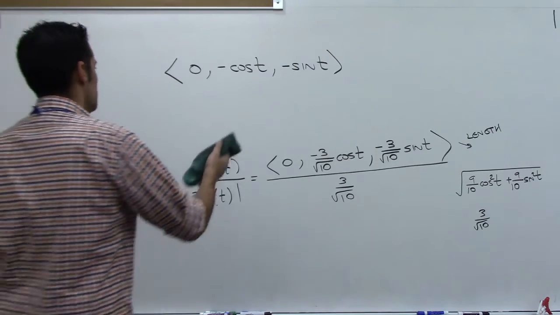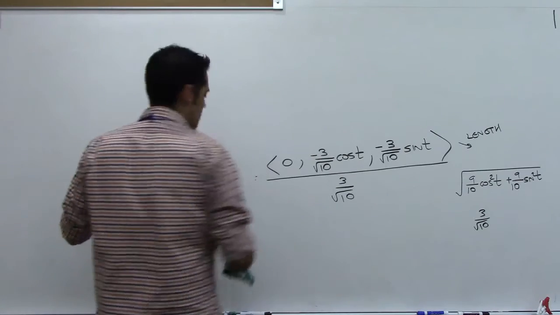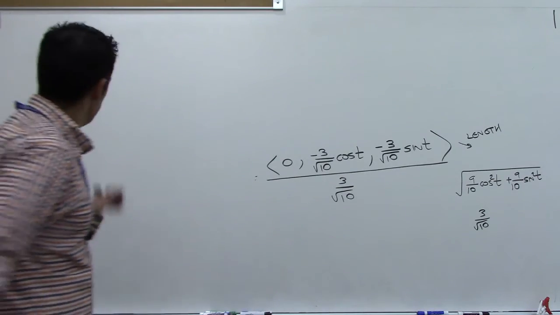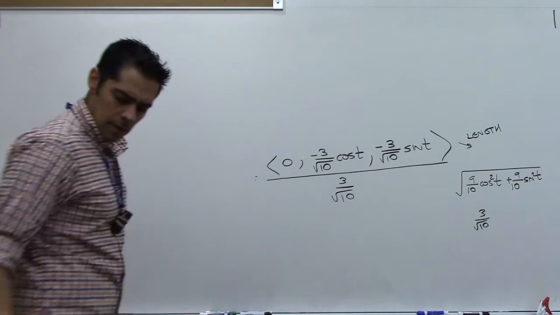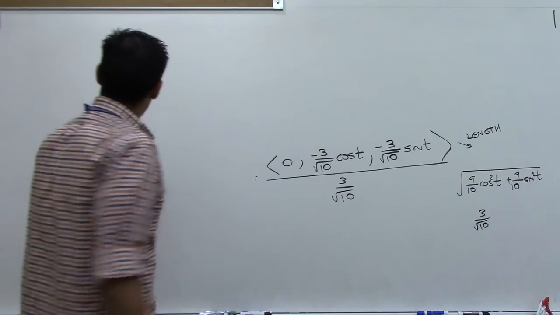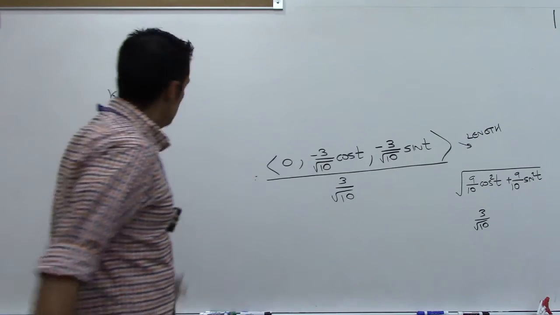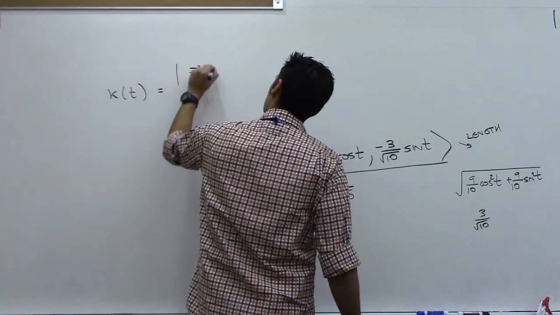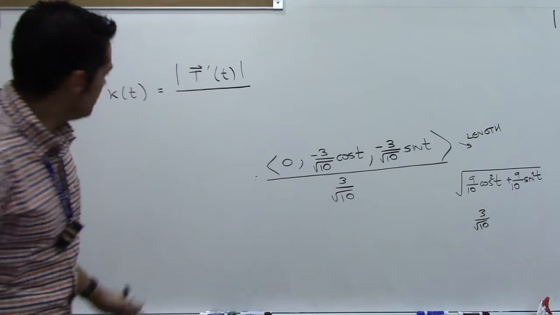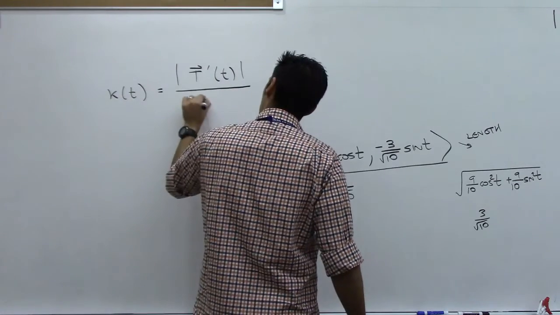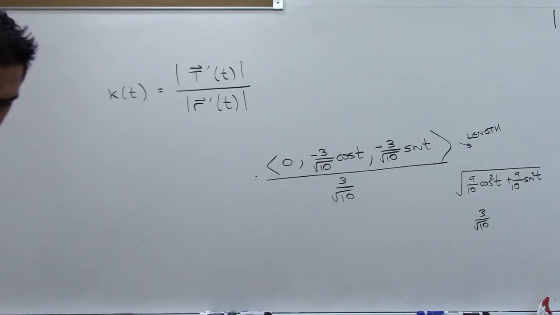So we're supposed to use formula 9, which is that the curvature K of t is going to be the magnitude of T prime t over the magnitude of r prime t. There. So we're going to use that formula.